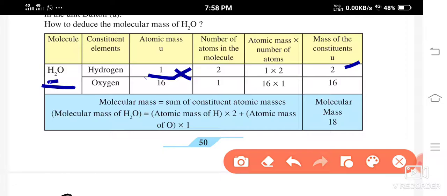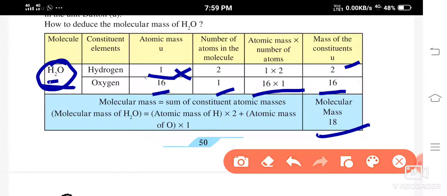Now, the atomic mass of oxygen is 16. How many atoms are there in water? 1 is there, right? So, 16 ones are 16. So, the mass of oxygen is going to be 16 in water. So, when you add this 2 and 16, it is going to be 18.